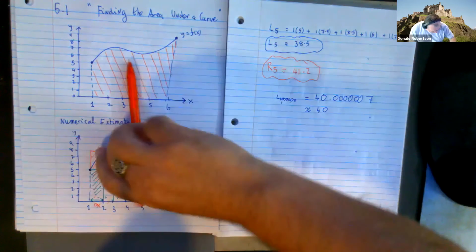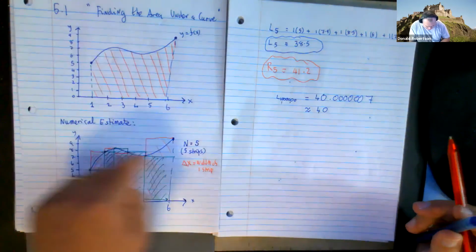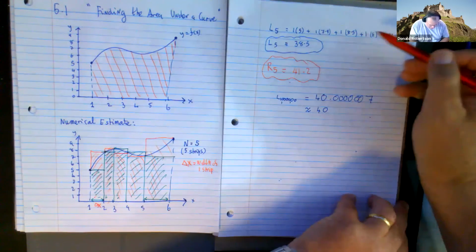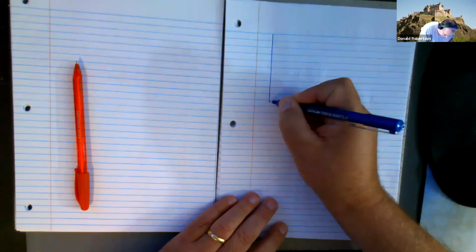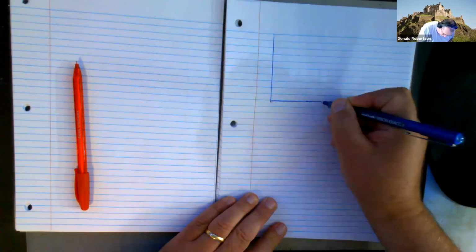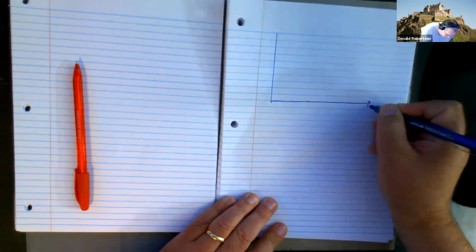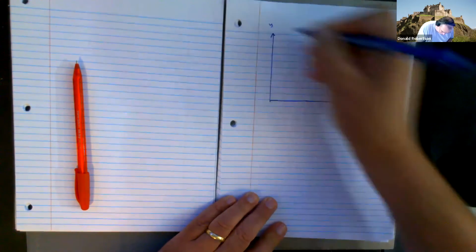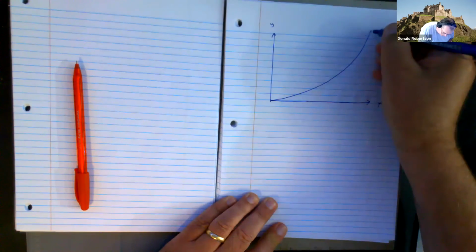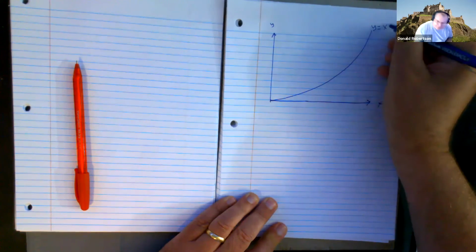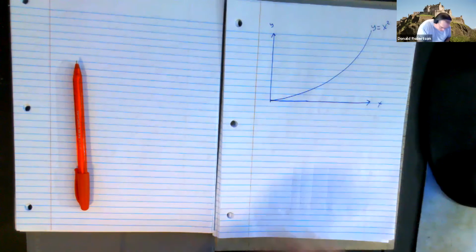Well, that one was very vague, a curve. I had to estimate these numbers. So let's take it and do it a little bit more accurately. Let's show you how to approach a real question. I'm going to pick a very simple curve, y equals x squared.